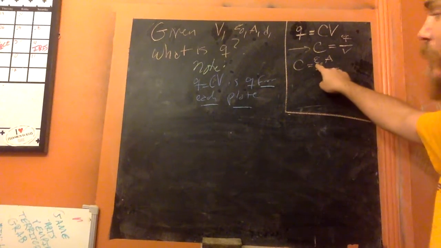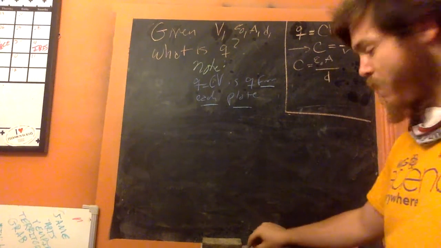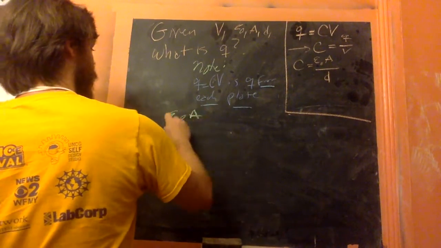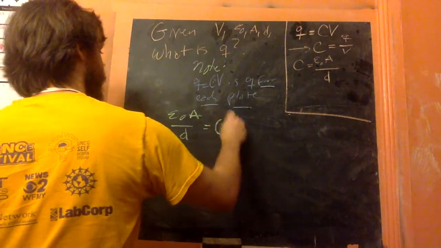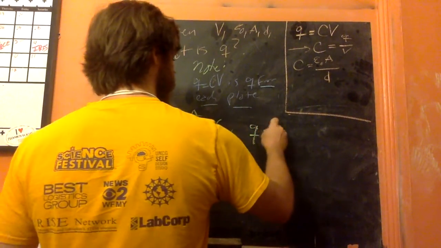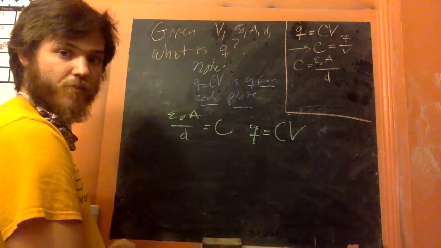So we know epsilon naught is a constant. We know A and D, so we have C. So let's start by writing that down. We have epsilon naught A over D equals C. We also know that Q is equal to CV. That's something that we know.